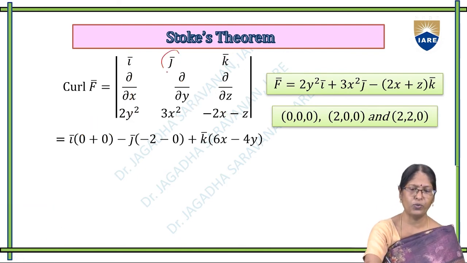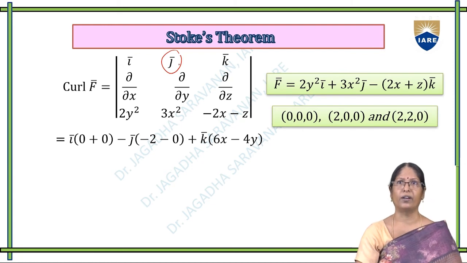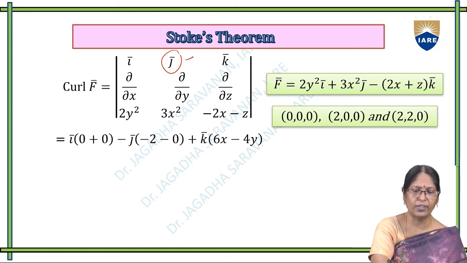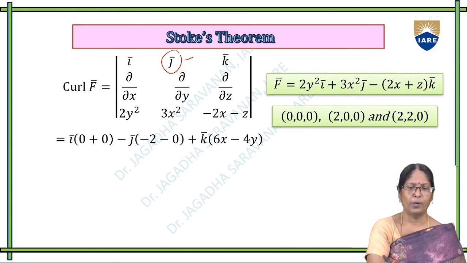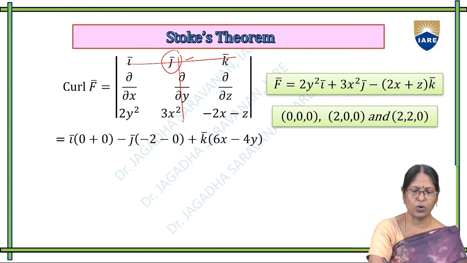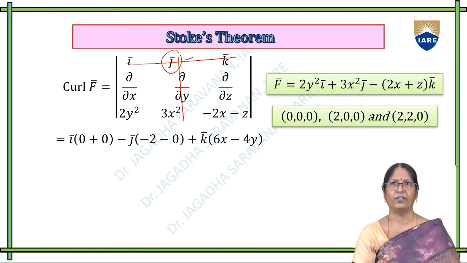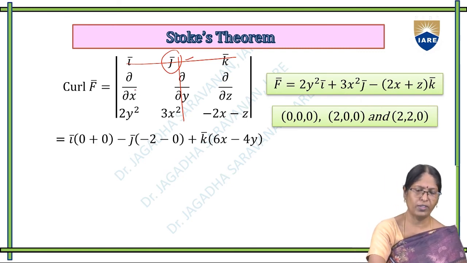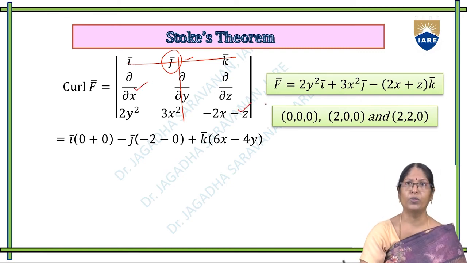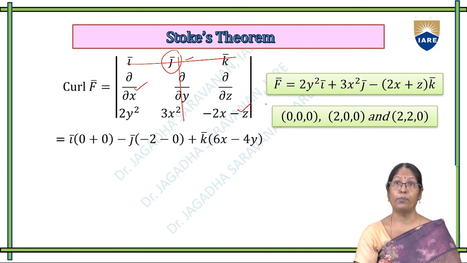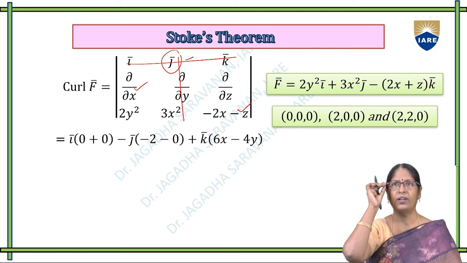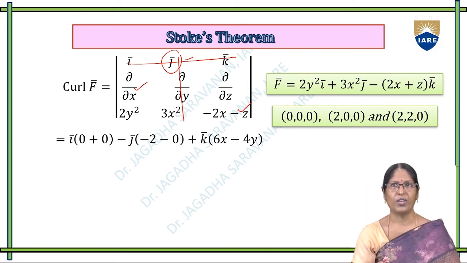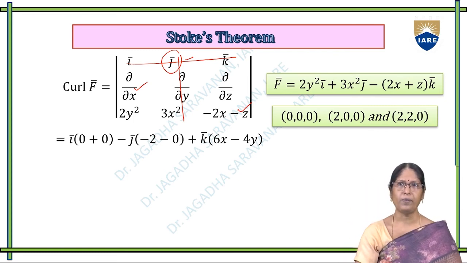So the next position is the j vector. This position is minus, so minus j, and the particular row and column we will neglect. Where I am putting the tick, we will do the partial differentiation. The dou represents partial differentiation, which we are concentrating on.